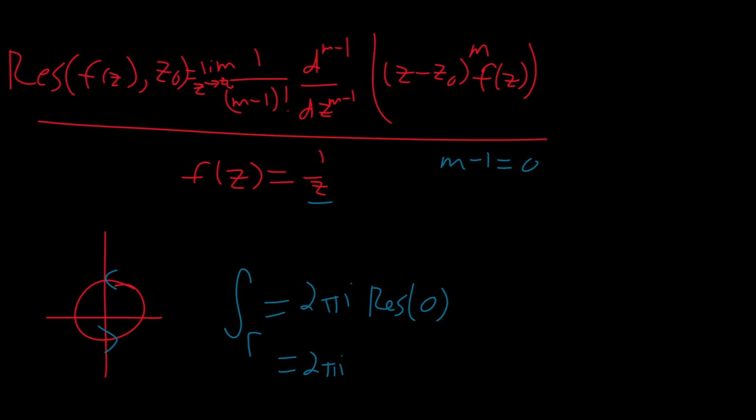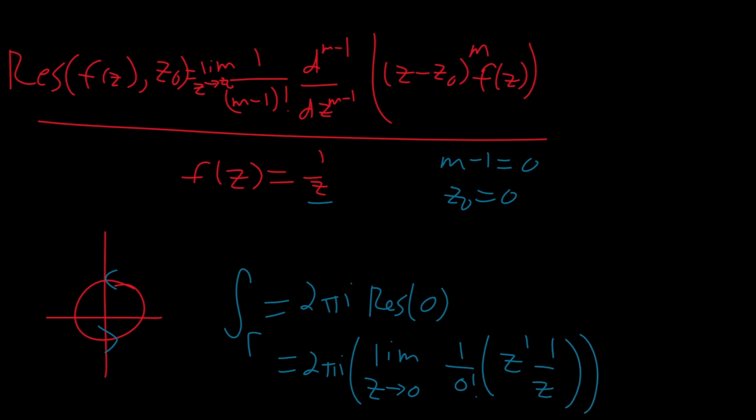This is equal to 2 pi i times the limit as z approaches 0 of 1 over 0 factorial, times the 0th derivative, so we aren't differentiating anything actually, of z minus z naught, but z naught is just 0 because that's where our pole is. We have z to the m, but m is just 1, times f of z, which is just 1 over z.